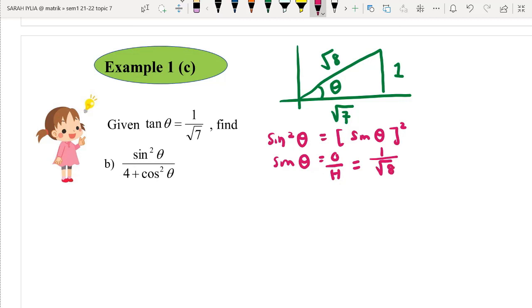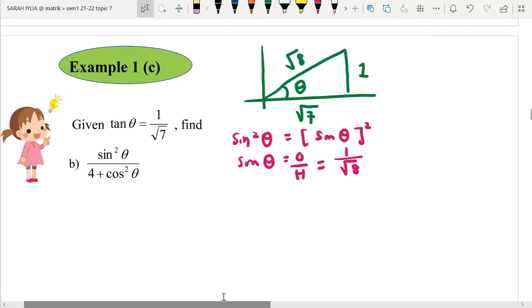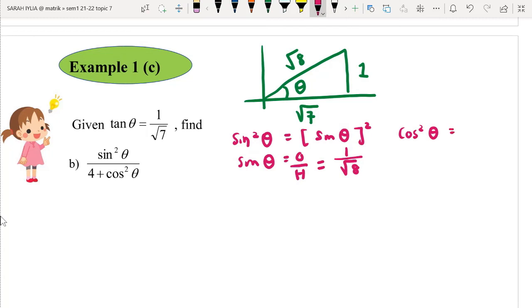And then we have to find cos theta. So sama konsep juga. Cos squared theta is basically, sekejap saya tarik ke tepi sikit. Okay. So cos squared theta equal to cos theta, the whole thing squared. So cos theta will be adjacent over hypotenuse. So adjacent will be root 7, hypotenuse root 8.